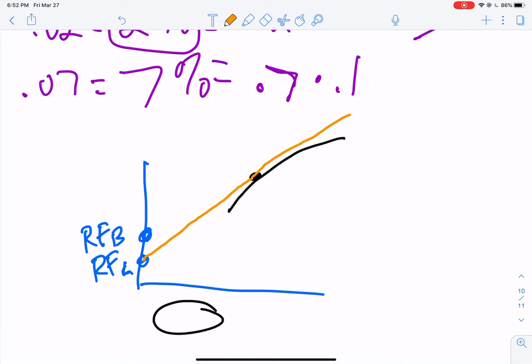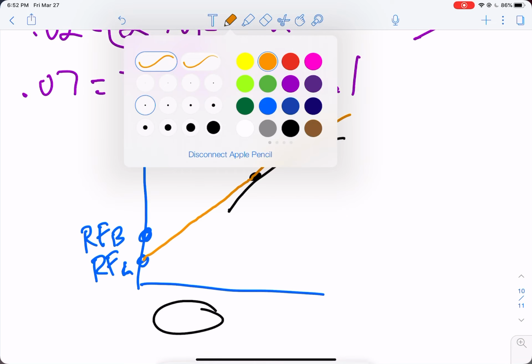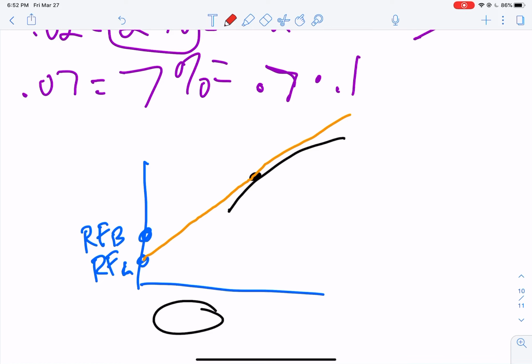And then change the color to red. And I'll draw a point of tangency there, which is going to be the tangency point from the vertical axis where we have the risk-free borrowing rate. And that line is going to look like that.